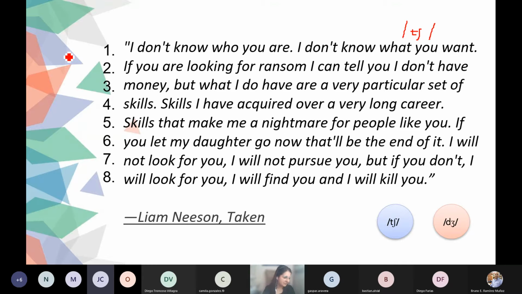Camila, Bastián, Natalia. Line 8. Line 8. And which one is the example?